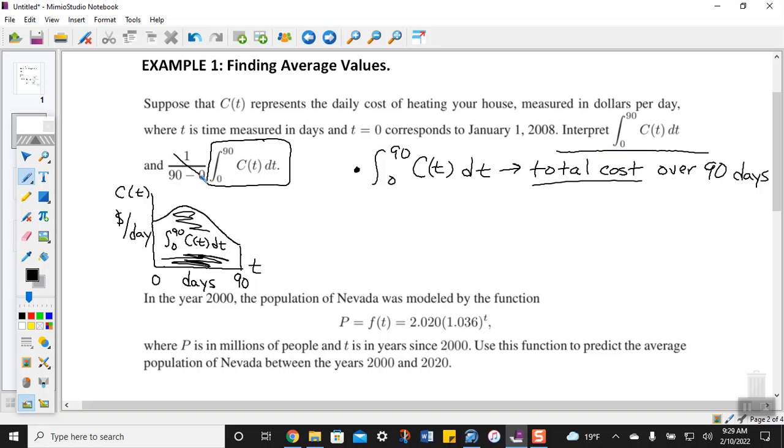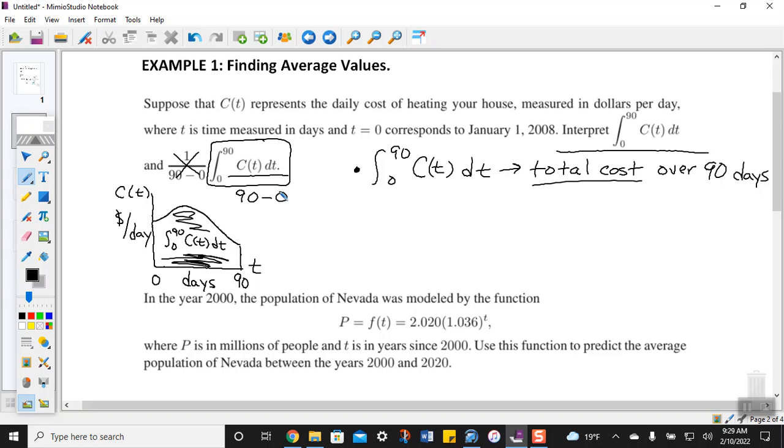You know, if you do this, this is like saying the same as dividing by 90 minus 0. When I divide by an interval length, this doesn't become the total cost anymore. It becomes the what? Average cost per day.